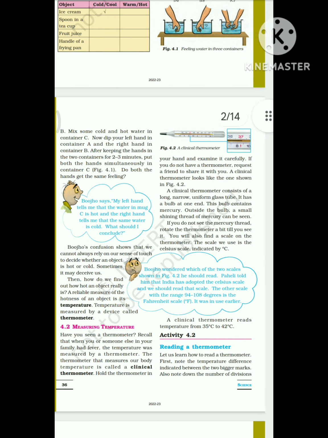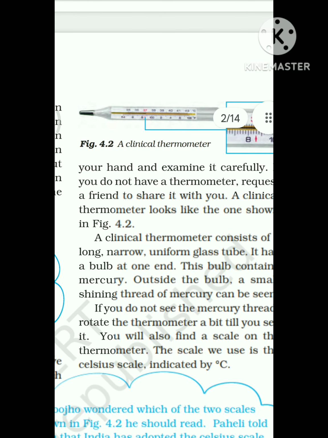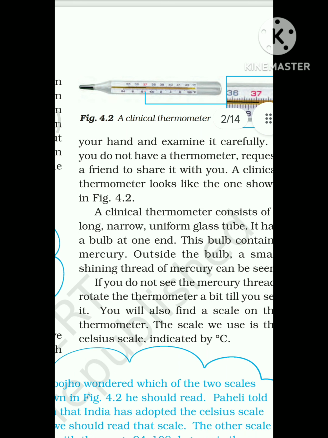In figure 4.2, we can see a clinical thermometer. If you want to see it in real, you can ask your friends. But in today's time, people have digital thermometers.